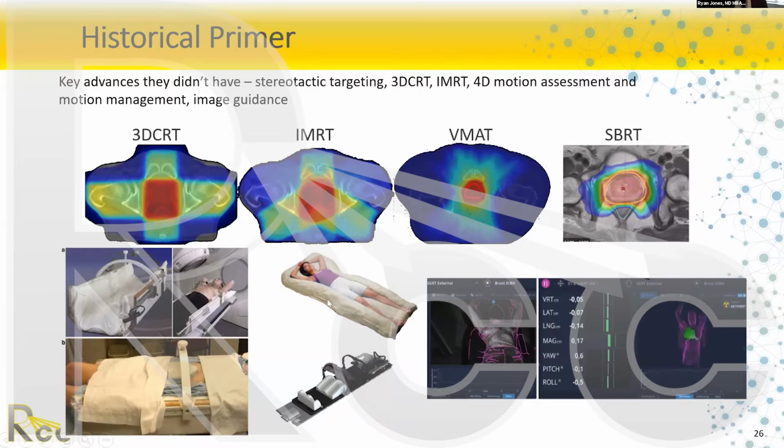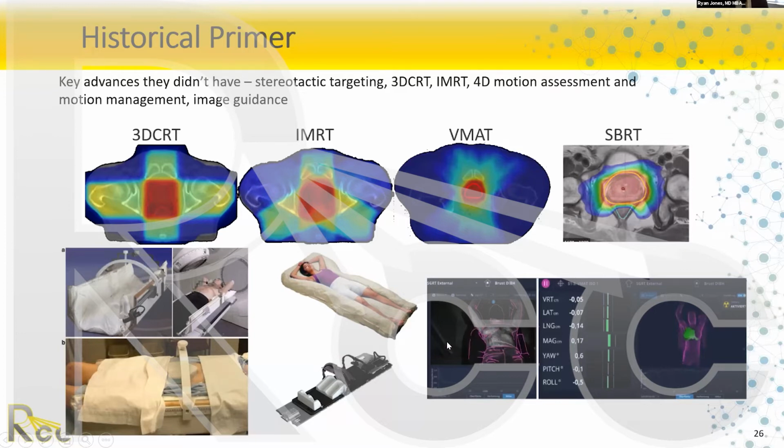There are many variations to how we secure patients now, whether it be these larger BodyLock systems. This one, I believe, is called the ProLock from a company called Civco. We also have tools available for monitoring the body surface of a patient.